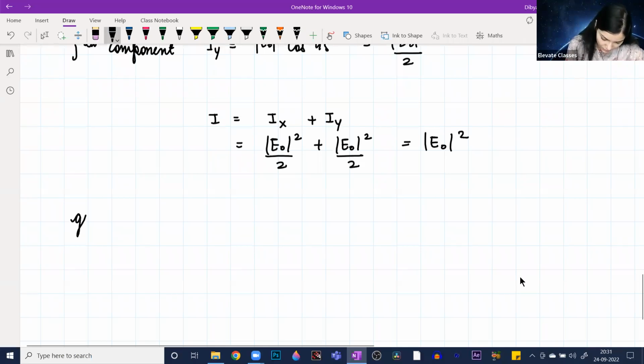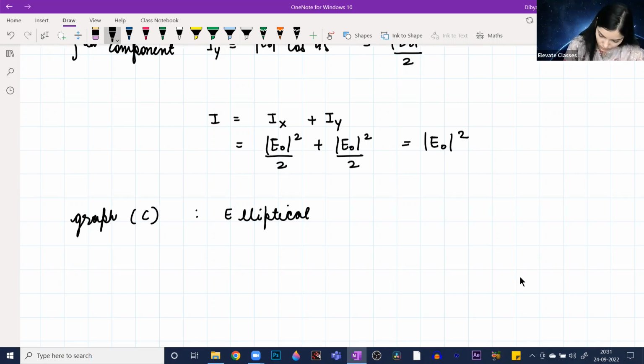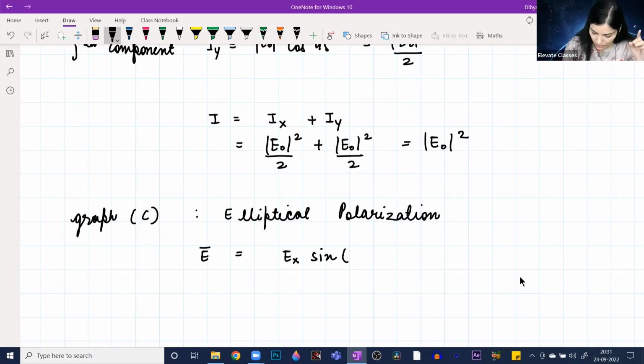If I talk about graph C, this will actually correspond to an elliptical polarization. So why? Because the first thing is, if I write the electric field for elliptical polarization, I will have some Ex sine of kz minus omega t i cap.